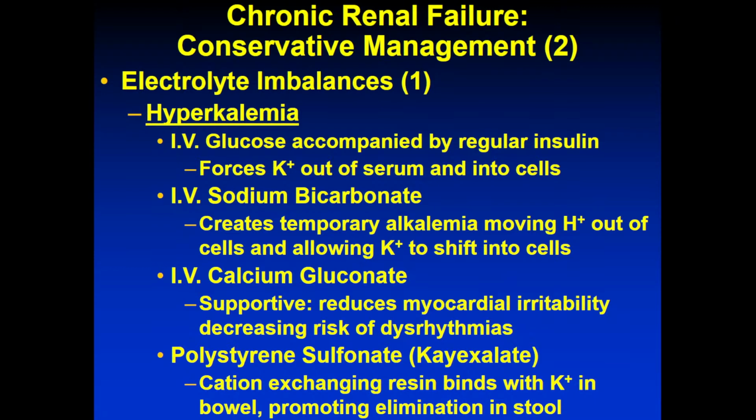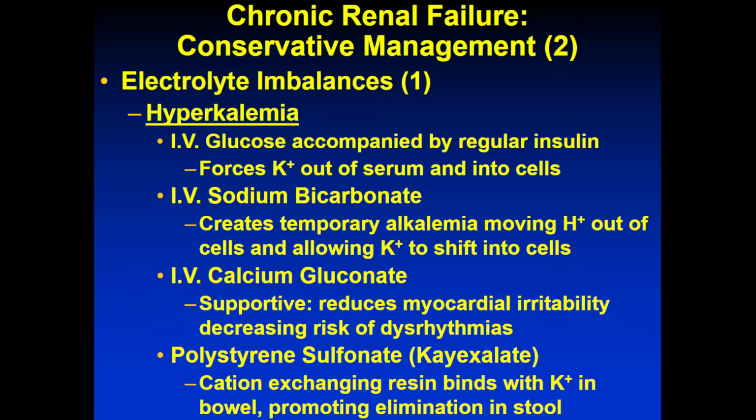We have to control electrolyte imbalances. At first, the hyperkalemia. We can control hyperkalemia with intravenous glucose accompanied by regular insulin, which forces potassium out of serum and into cells.